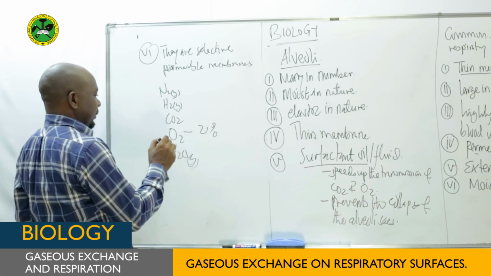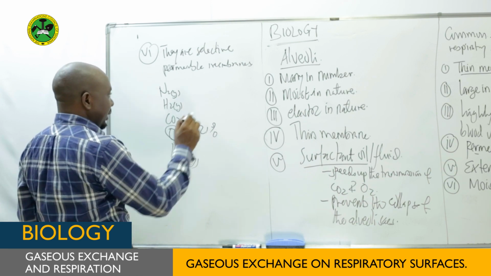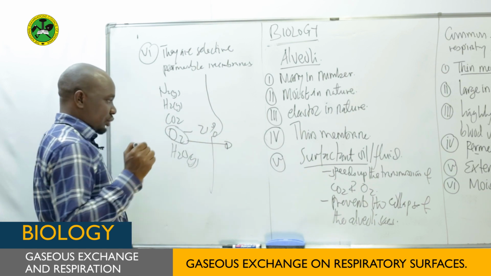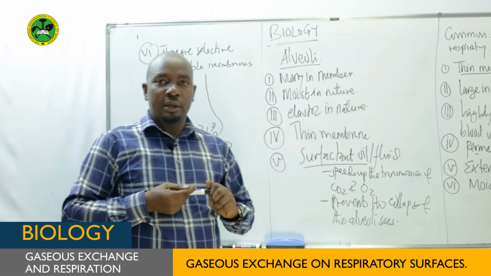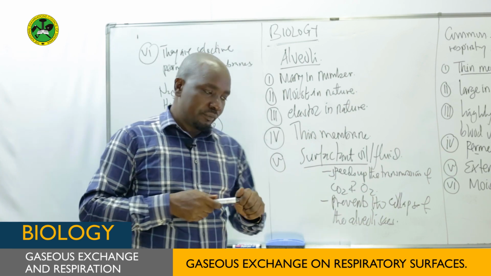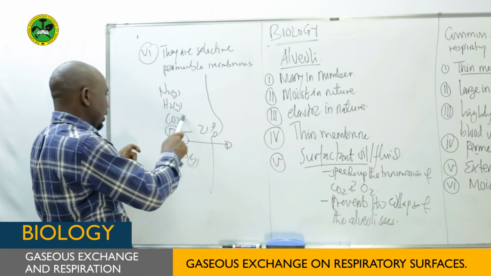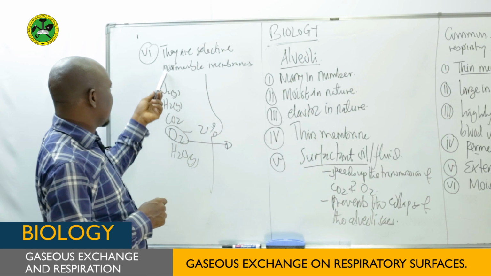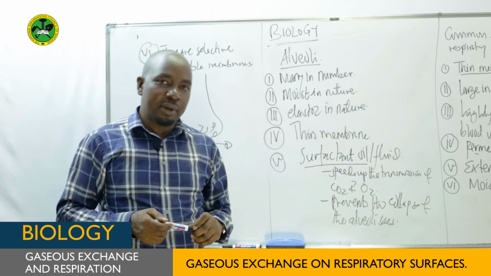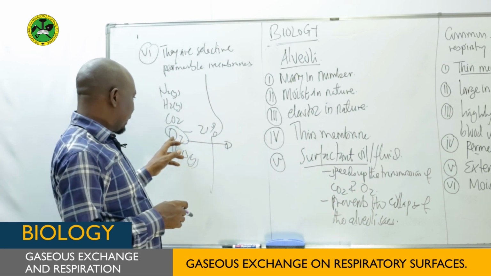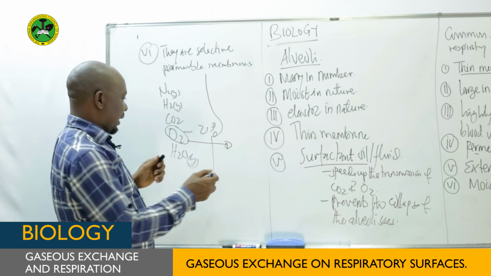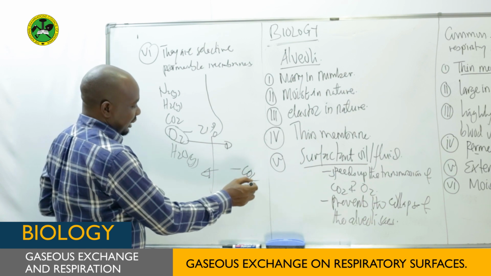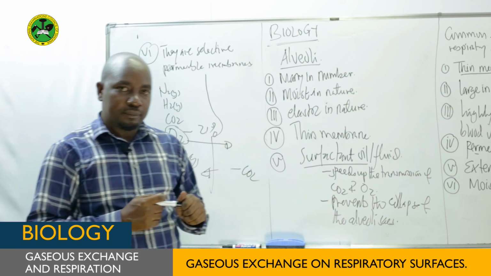So only oxygen is allowed to pass across the alveolar sacs. The nitrogen, hydrogen, and the other gases cannot pass across because these are selectively permeable. So only oxygen will diffuse, and from the capillary only carbon dioxide will diffuse out.